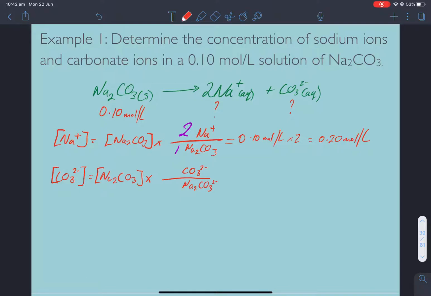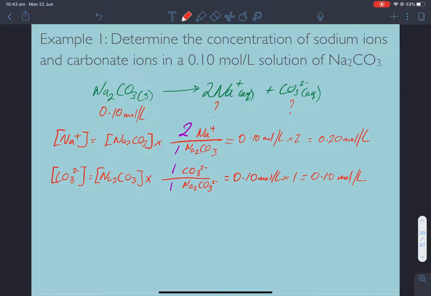The stoichiometry. I'll change it to purple to keep it consistent. 1 and 1. So for every 1 sodium carbonate, I'm getting 1 carbonate. So the concentration equals 0.10 mole per litre times it by that 1, which equals 0.10 moles per litre. There we go, answered the question.